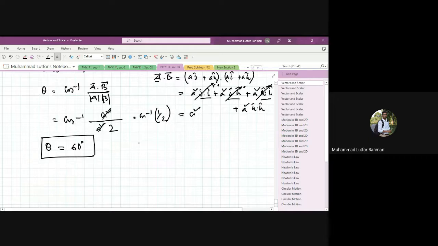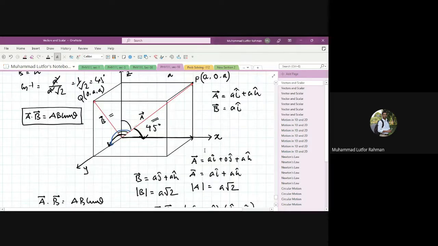Just take the vector actually, and let's check what it becomes, because my vector A is A i hat plus A k hat, right? This is vector A, right?